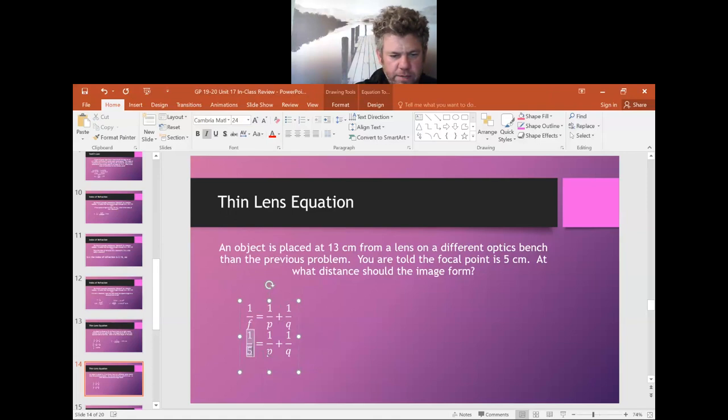And we've got the object is placed there, so we've got 1/13. Okay. So what I'm going to do here is solve for 1/q.